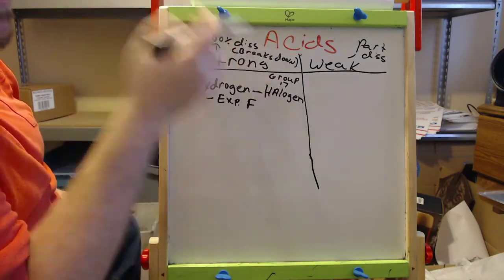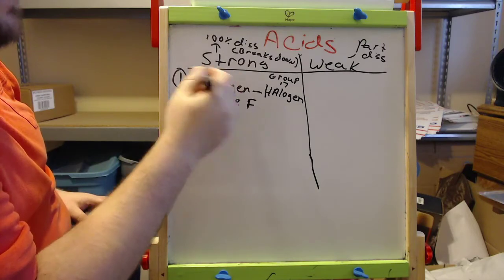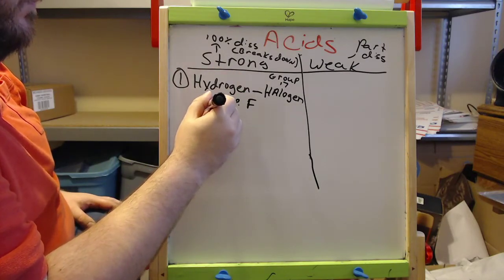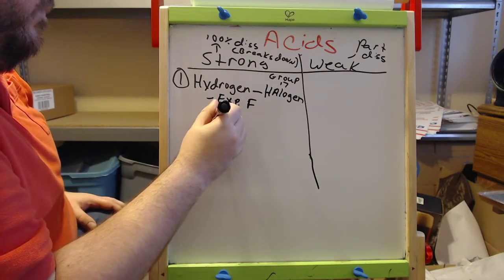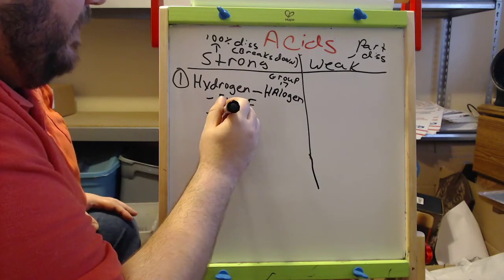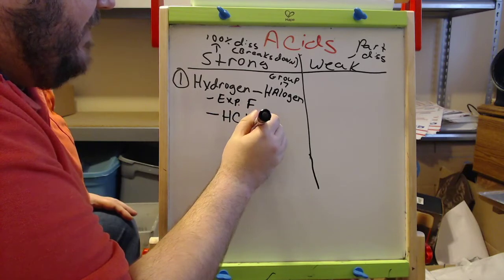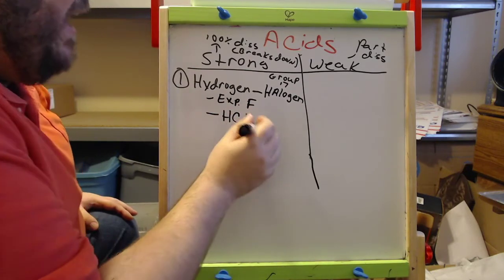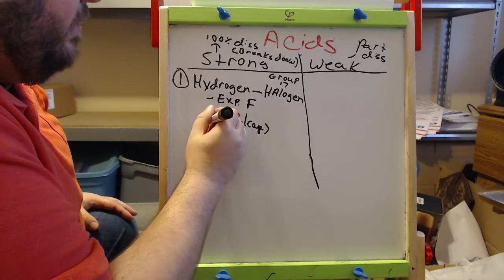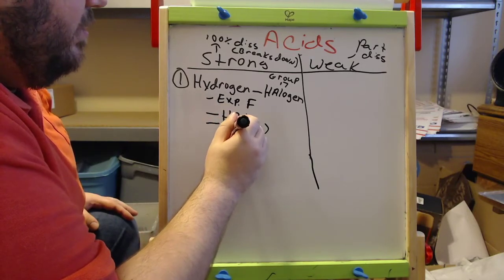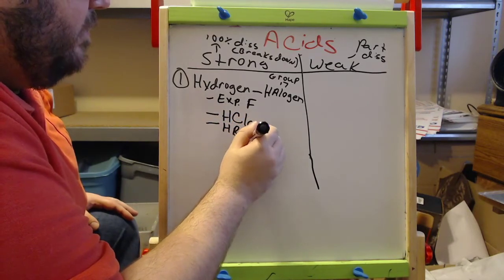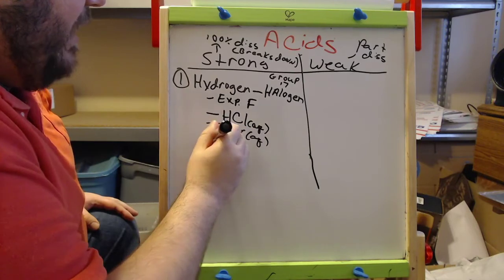Fluorine is not a strong acid when it bonds to hydrogen. So, my strong acids based on the halogen, and again, they have to be in water. I'm not an acid until I'm in water. HCl, HBr, and HI.